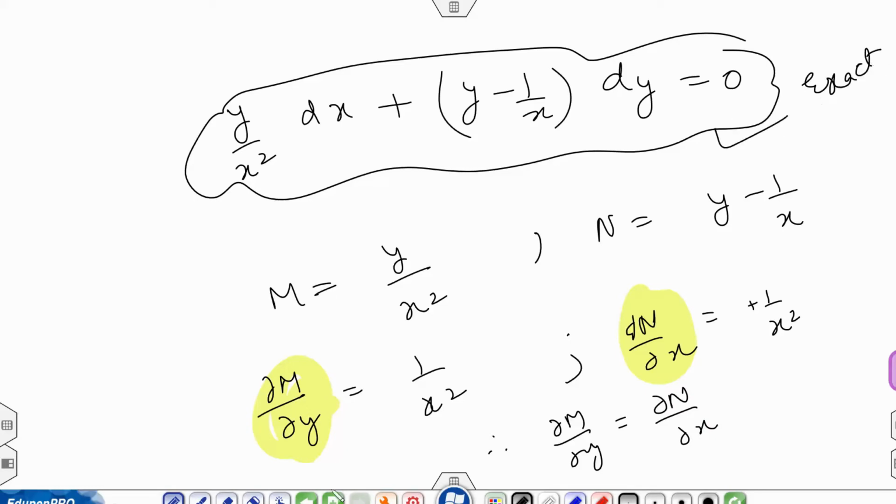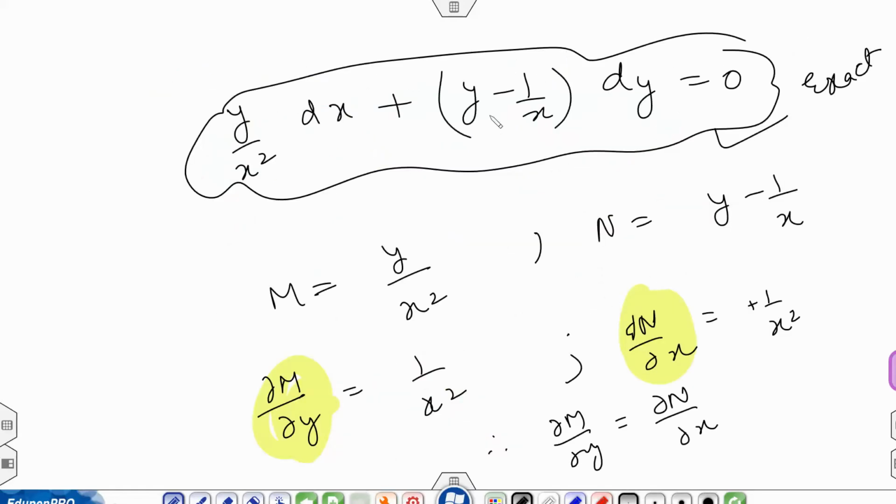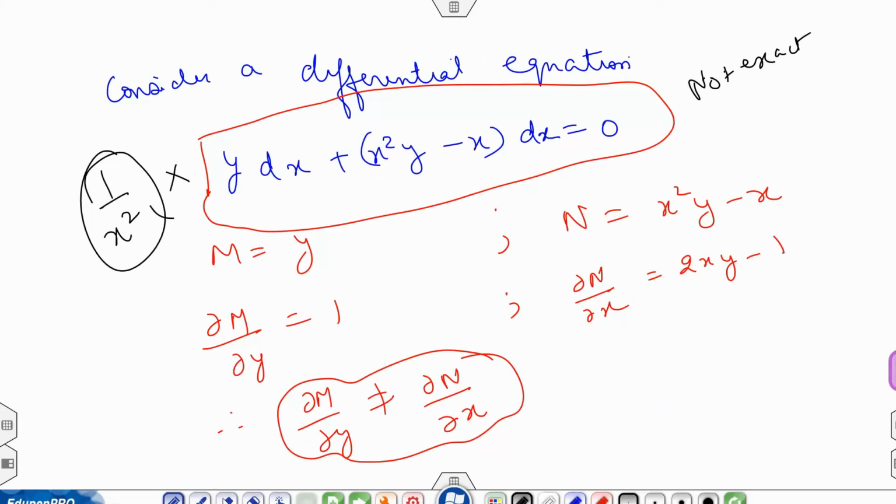So what we have done: it was not exact, and we multiplied this equation with a function of x, and you can see that it has now become exact. So this is an integrating factor. We call this 1 by x² the integrating factor. Let us now write the definition.